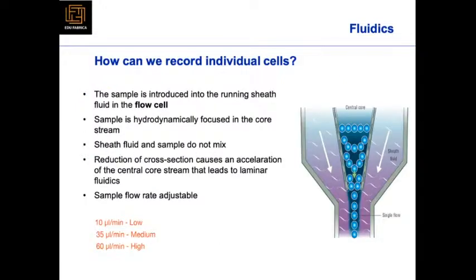Your cells are hydrodynamically focused in the core stream, like this one. You have a central core, a sheath fluid coming up, and a single flow going on. The sheath flow and the central core are not mixed; they are separated. The sample is introduced into the running sheath fluid in the flow cell, then hydrodynamically focused in the core stream.